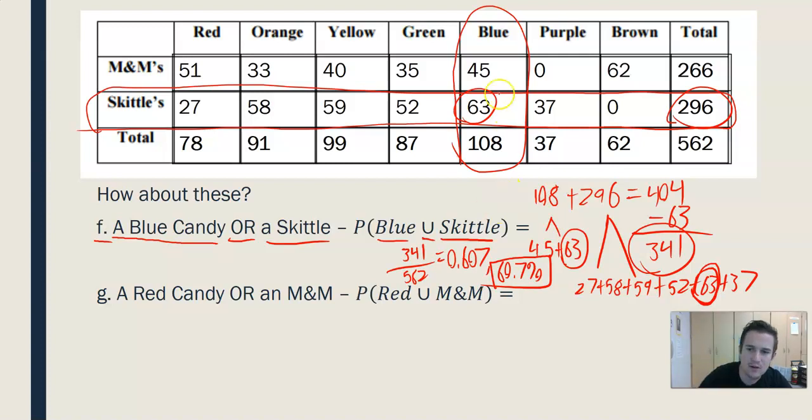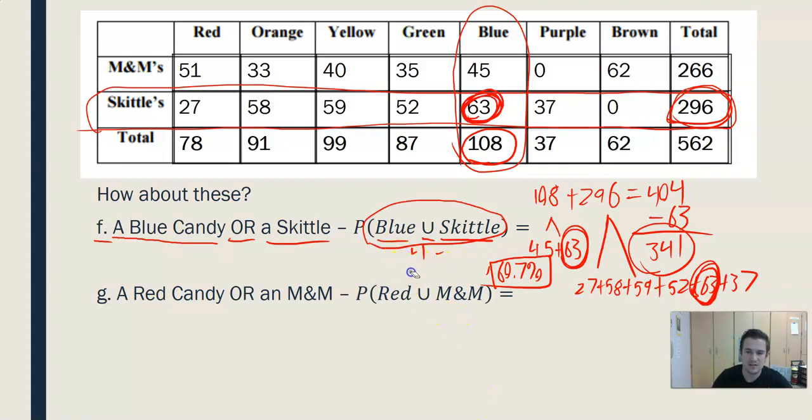So again, pay close attention to that. What I had to do when I was trying to find the probability of this union is add the total Skittles plus the total blue candies, and then subtract the intersection of the blue and Skittle candies because I ended up double counting those.